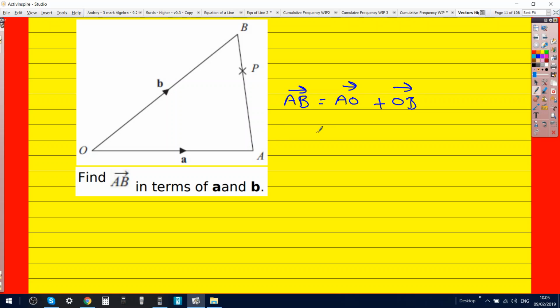So what are those vectors? I'm not sure. From A to O. Is it A plus O? So in terms of little a and little b, what is the vector O to B? B. Okay. So let me go back a second.